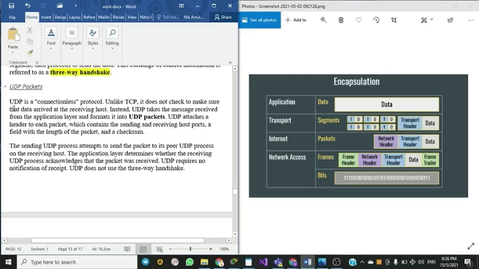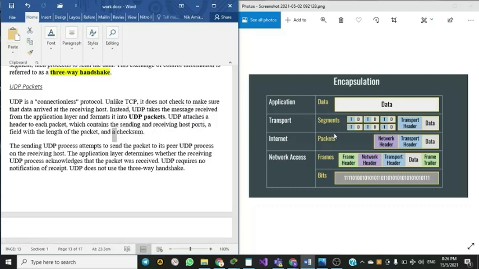UDP is a connectionless protocol. Unlike TCP, it does not check to make sure the data arrives at the receiving host. Instead, UDP just takes the message received from the application and formats it into UDP packets. UDP attaches a header to each packet which contains the sending and receiving host port, a field with the length of the packet, and a checksum.